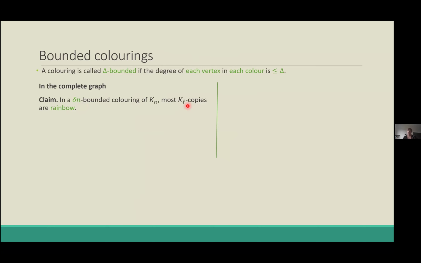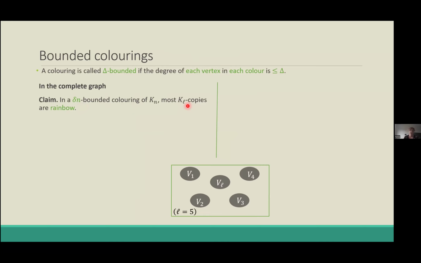So rather than a constructive proof, so rather than trying to find a rainbow copy, we will try to upper bound the number of bad copies of KL. Okay, and how do we do that? Well, first of all, this is just a small technicality. We will partition the vertex set of our graph into L parts, and you can think L equals 5 for the purposes of this talk.